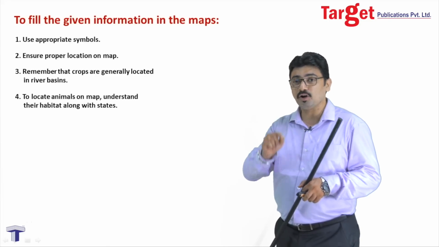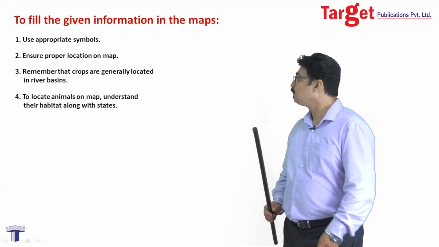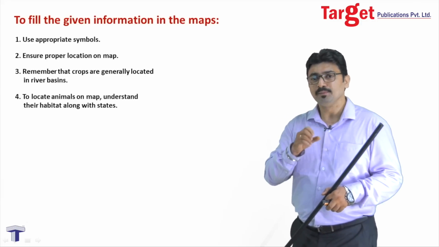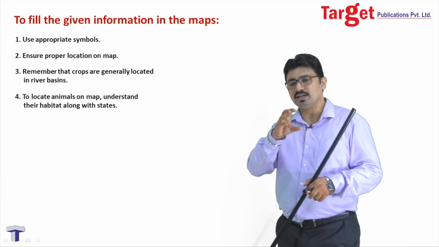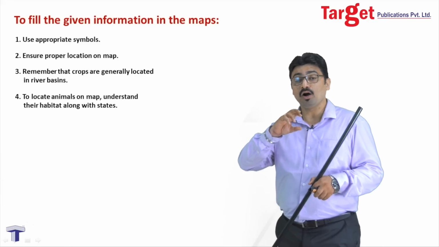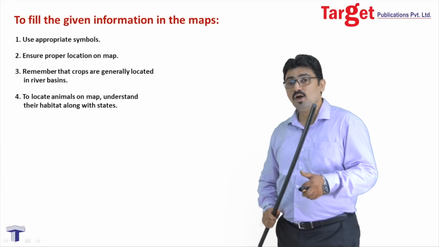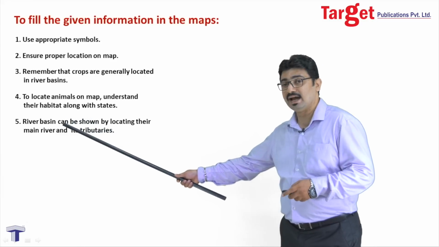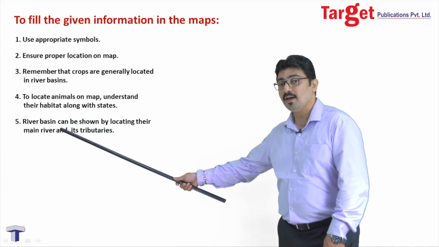So you can locate crops in that river basin. Also, to locate animals, you need to understand the habitat of animals. You need to understand whether the animals survive in a colder habitat or it requires hot and humid habitat. Accordingly, you can understand which region to be used. Hence, you need to understand the habitat of the animals while locating them on maps.